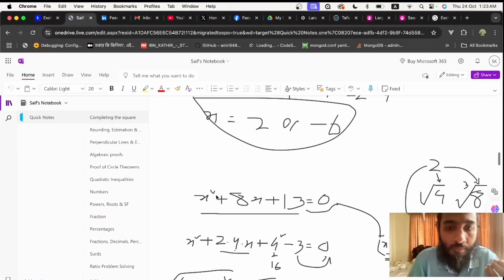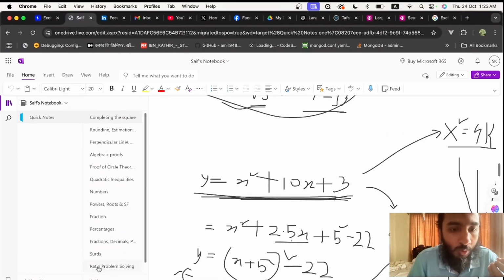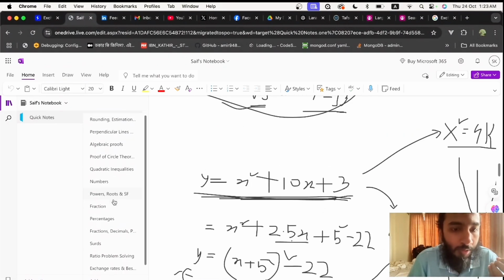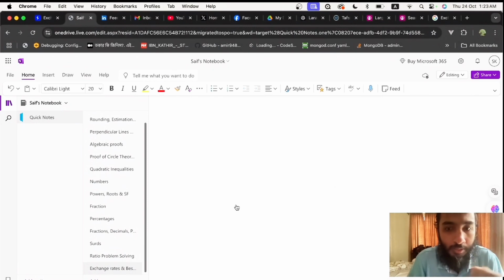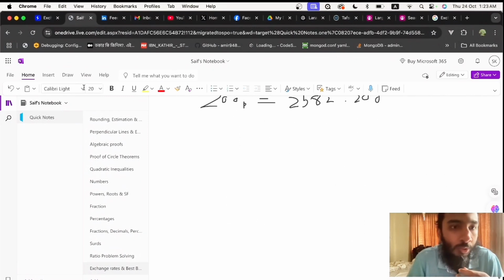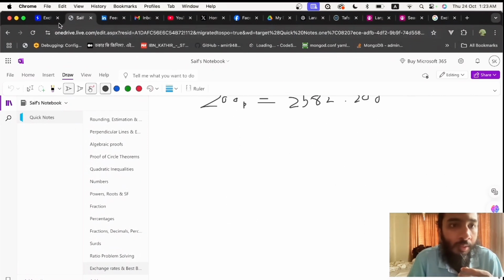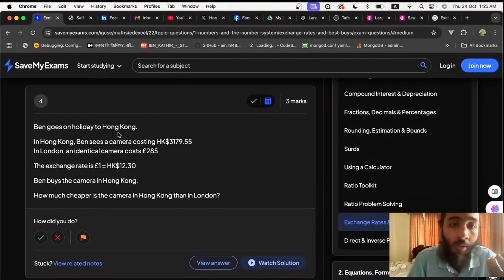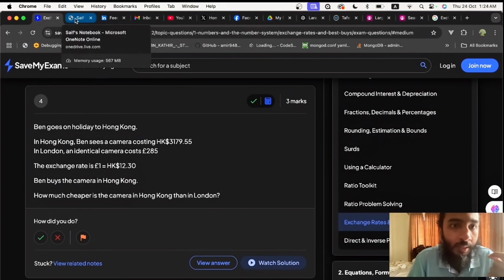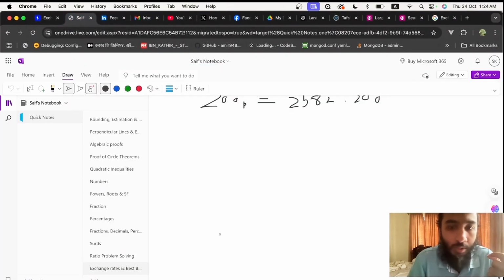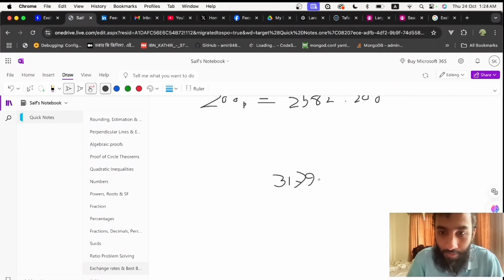So if I go to my problem solving, exchange rates and Best Buys, and use my pen tool, what does it say? Ben goes on a holiday to Hong Kong. In Hong Kong, Ben sees a camera costing 3,179.55.